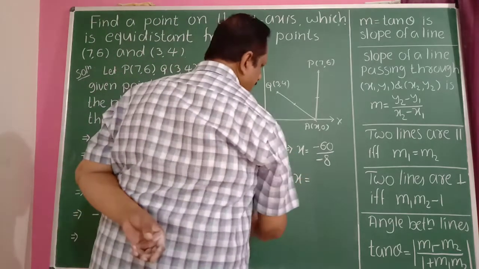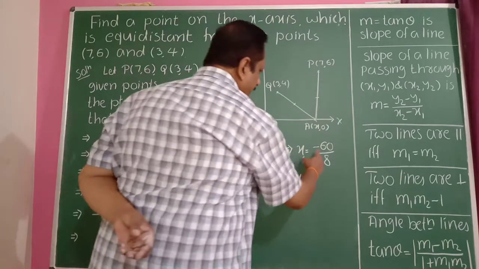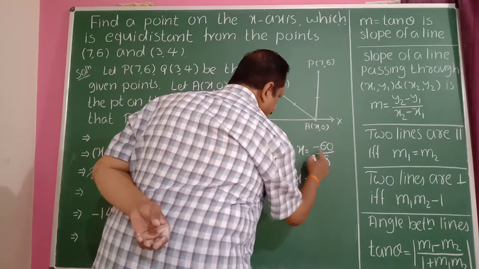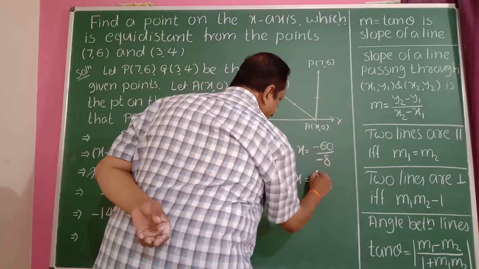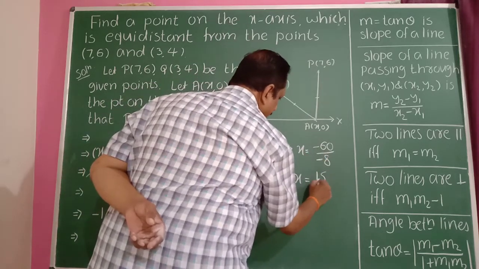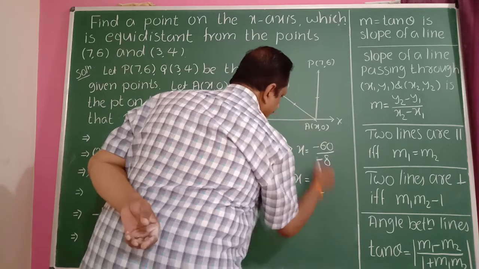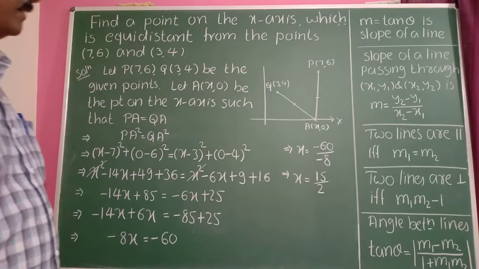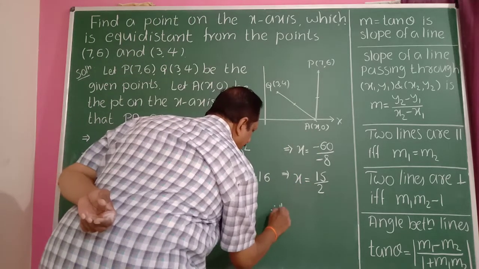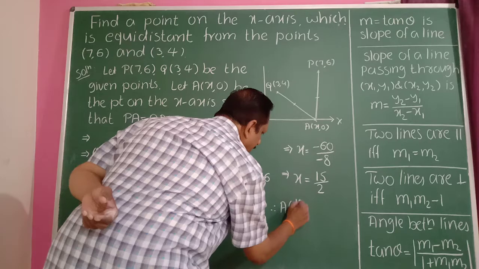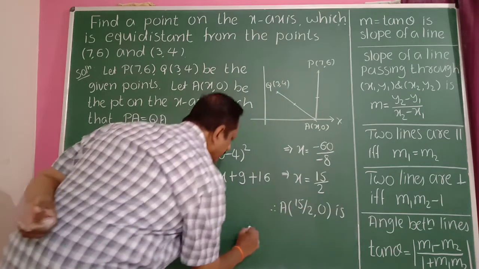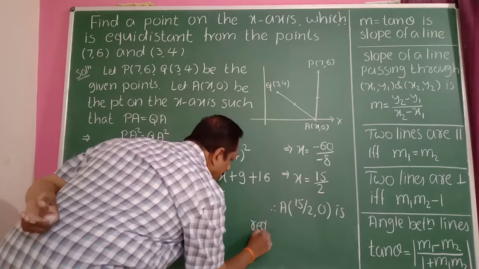Then you just divide it here. 4 2s are 8, 4 1s are 4, then 20 here, 4 5s are 20, divided by 4 2s are 8 here. 15 divided by 2. Therefore required point a, x is 15 by 2 here. Therefore A into bracket 15 divided by 2 comma 0 is the required point here.